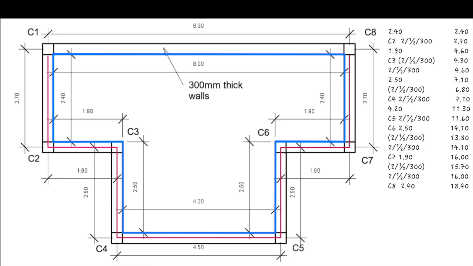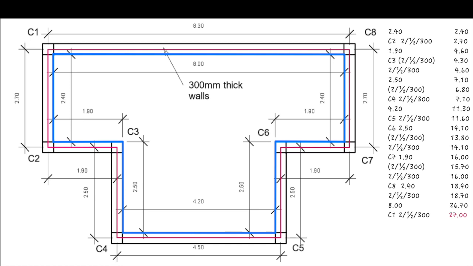Going around corner C8, we add 2 by 1/2 by 300. Finally, we head towards corner C1, so we add 8 meters. At this last corner, we add 2 by 1/2 by 300 to complete the total centerline dimension from where we started. If you've been following the tally, our total is 27 linear meters.